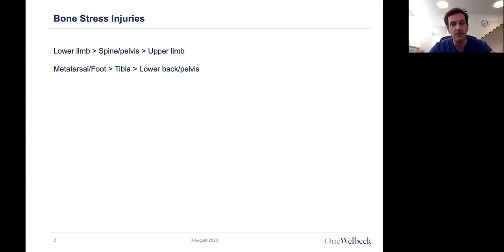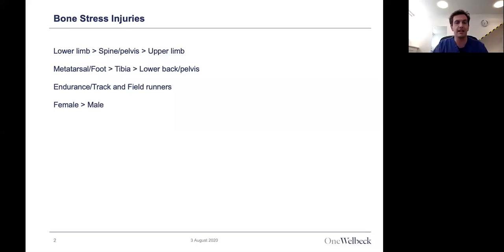Common injury, we see it obviously far more commonly in the lower limb and to a lesser extent in the spine and pelvis. And then obviously upper limb injuries are far less common. Within the lower limb, we tend to see it more in the metatarsals, some of the mid-foot bones. Followed by the shin, so the tibia and the fibula is another common site of bone stress, and then as we mentioned, far less commonly in the back and pelvis.